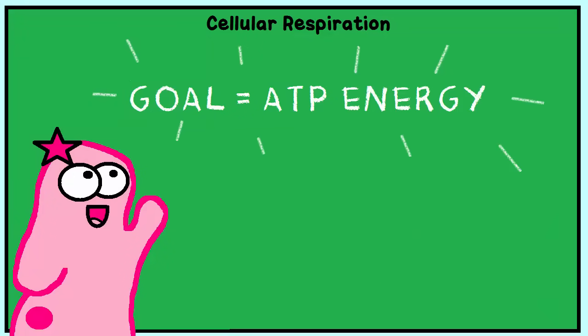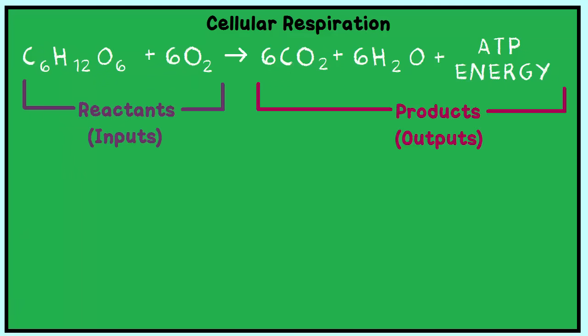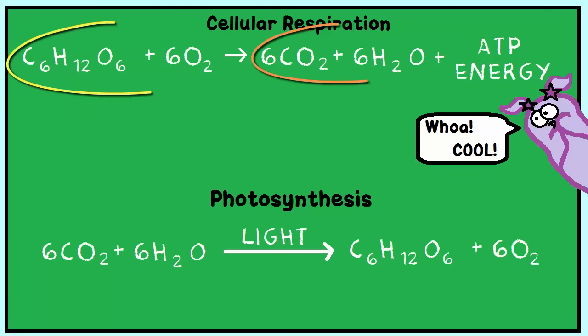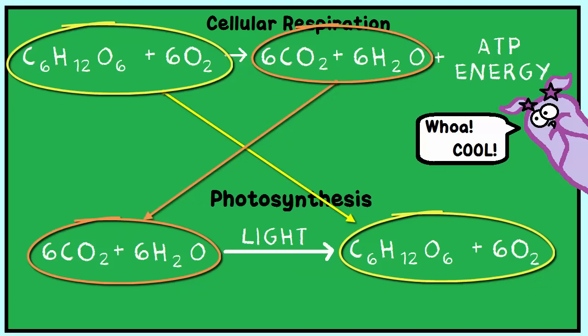Let's take a look at this formula. Remember that reactants, the inputs, are on the left side of the arrow, and products, the outputs, are on the right side of the arrow. This formula, by the way, looks remarkably similar to photosynthesis. I mean, just look how the reactants and the products just seem to be on different sides. This isn't really a coincidence.